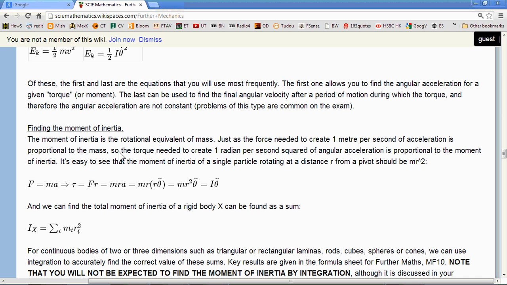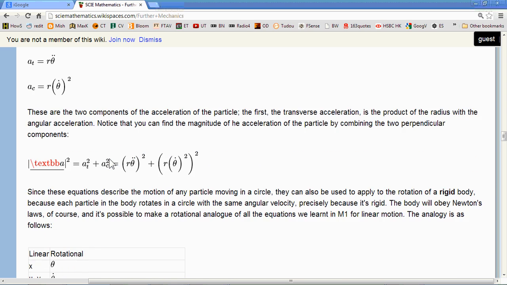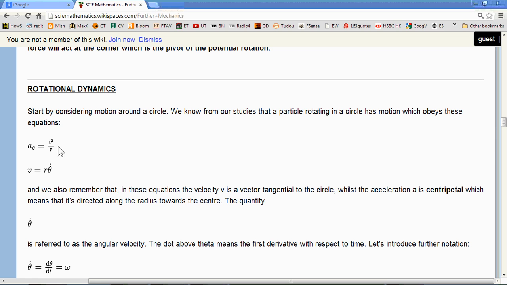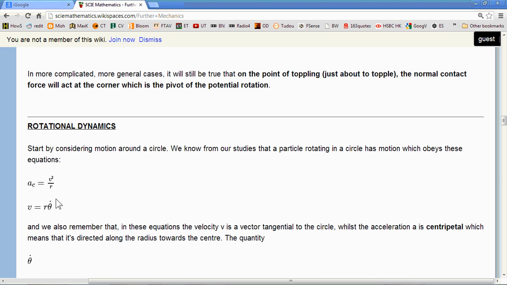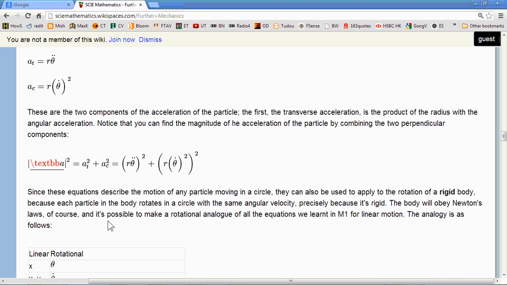Not only circular motion, for which you almost certainly already know this formula a equals v squared over r, a being the centripetal acceleration, which can also be written as r theta dot squared by using this substitution. So you know the idea that acceleration is not necessarily about something moving in a straight line.